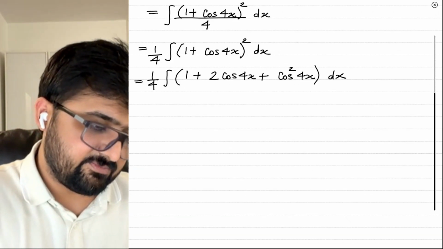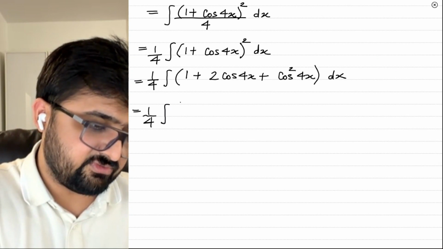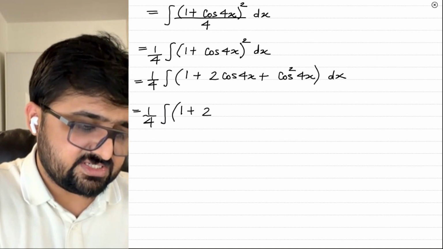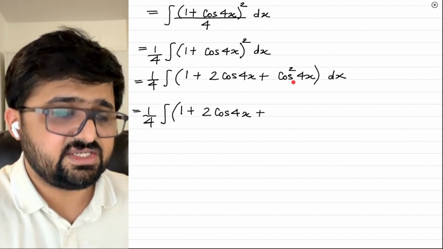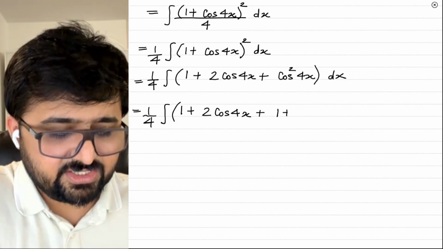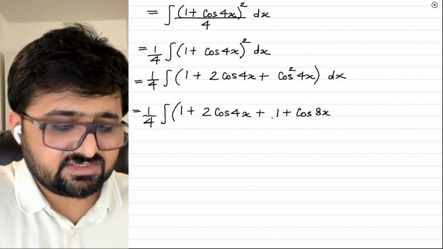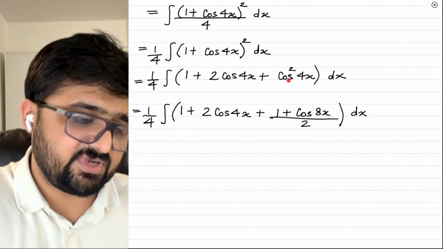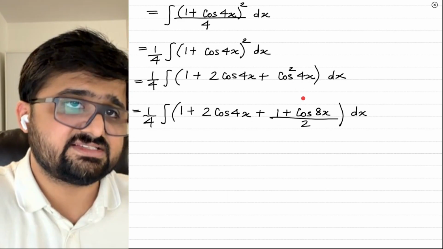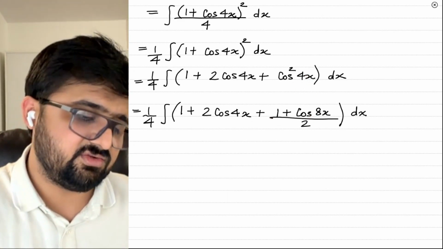So that will become 1 by 4 integration of 1 plus 2 cos 4x plus cos square 4x, which is 1 plus cos 8x divided by 2, dx. We apply that formula for cos square theta: 1 plus cos 2 theta divided by 2. That angle becomes double here.